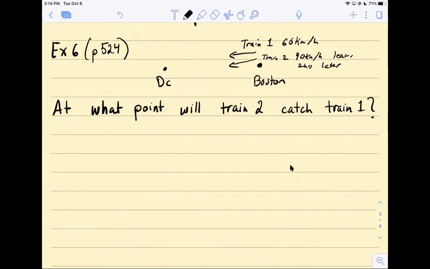At what distance would they meet? What distance from Boston will train 2 catch train 1? So let me rephrase that here.